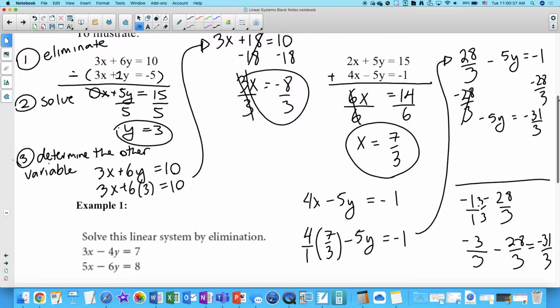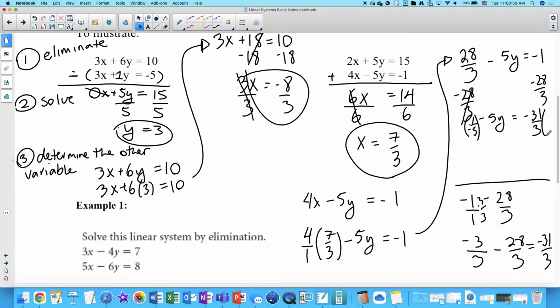Multiplying by negative 1/5. Yeah. Multiplying by negative 1/5 is the same as dividing by negative 5. And I like to do that because then on the right side, I can do fraction multiplication instead of fraction division. You can still do fraction division if you want.